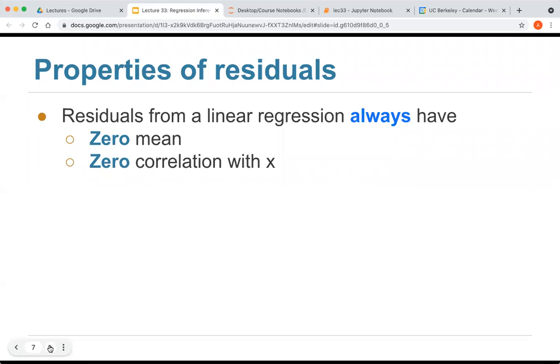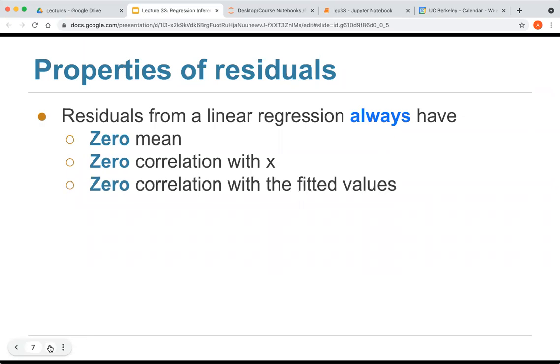And this has a certain visual aspect to your residual plot, which I'll talk about. So they're not correlated with X, and they're not correlated with the fitted values. What are the fitted values? Those are your predicted values of Y. If you had a scatter diagram, where would you see these fitted values, these predicted values of Y?